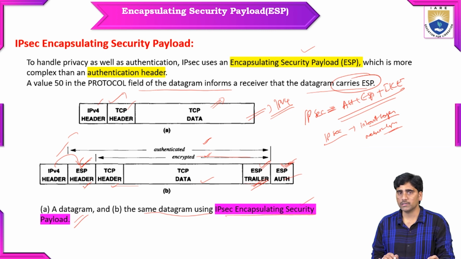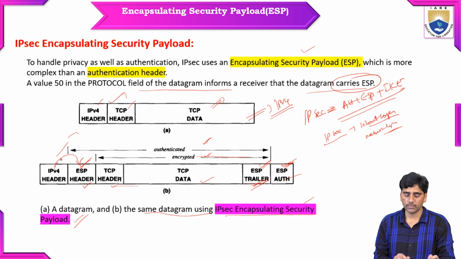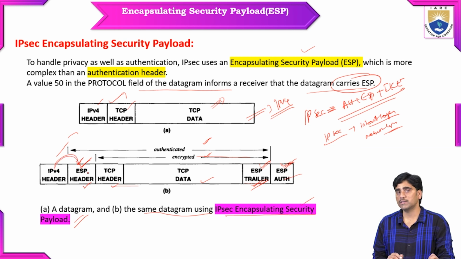In that, the ESP is added inside the IPv4 header. Immediately after the IPv4 header, the ESP header is added. Then the TCP header, TCP data, and last the ESP trailer is added, and last the ESP authentication is added. This is all encrypted, and from the ESP header to the ESP trailer is authenticated.